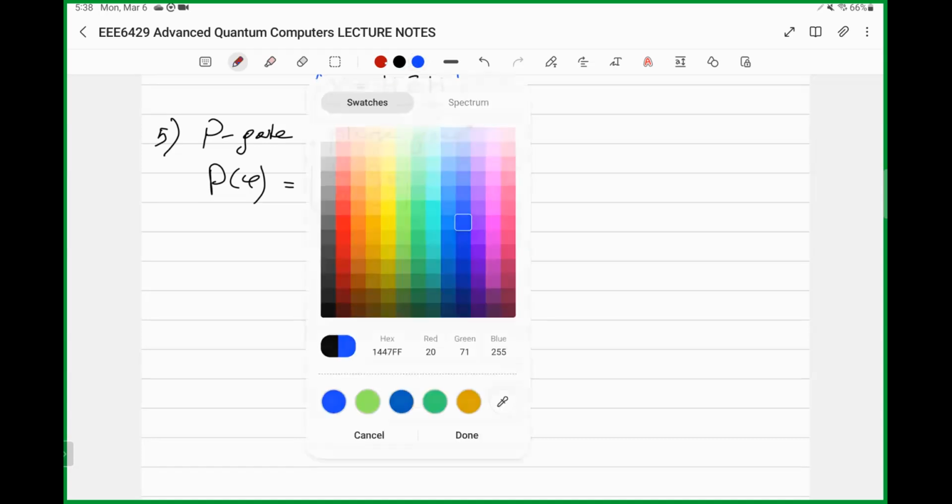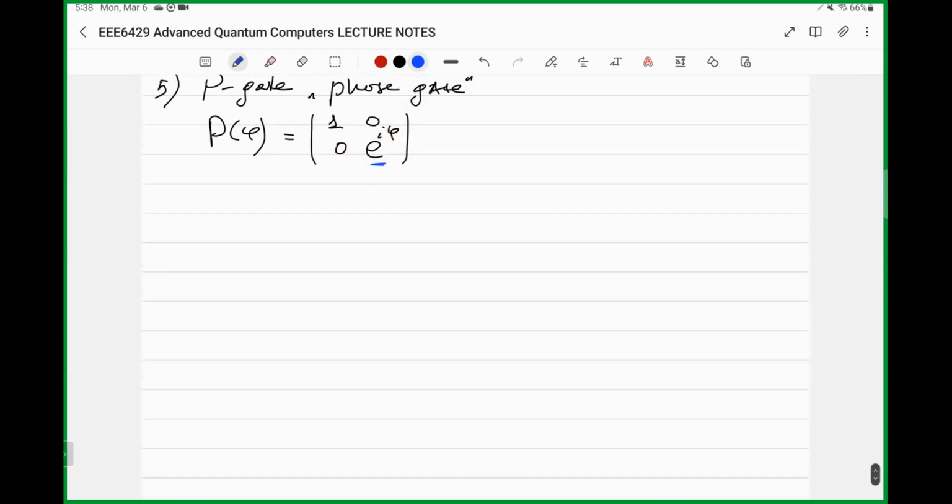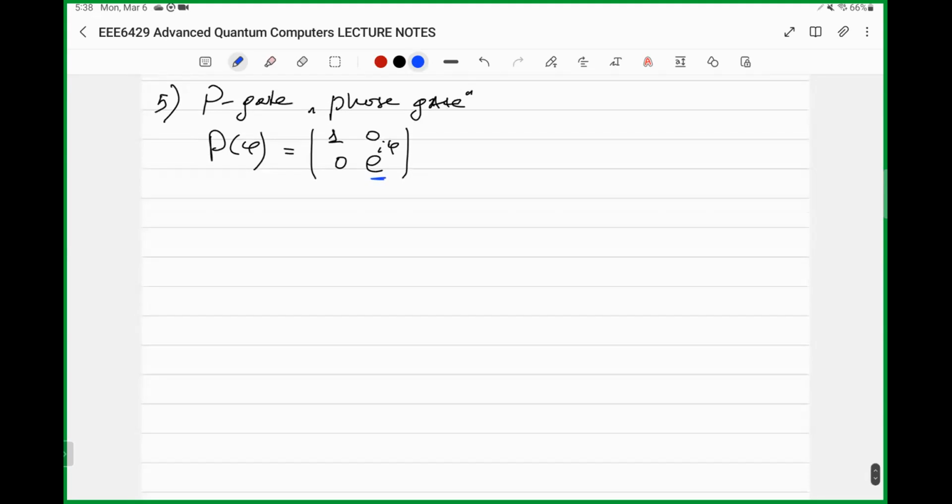And then two sub gates, let's say 5.1. It is the S gate. The S gate rotates by the angle pi over 2.